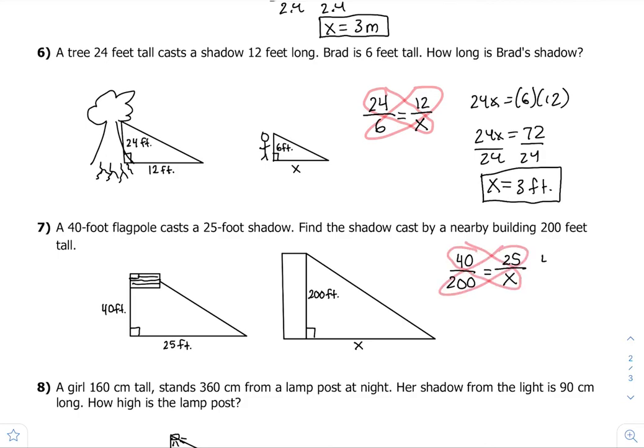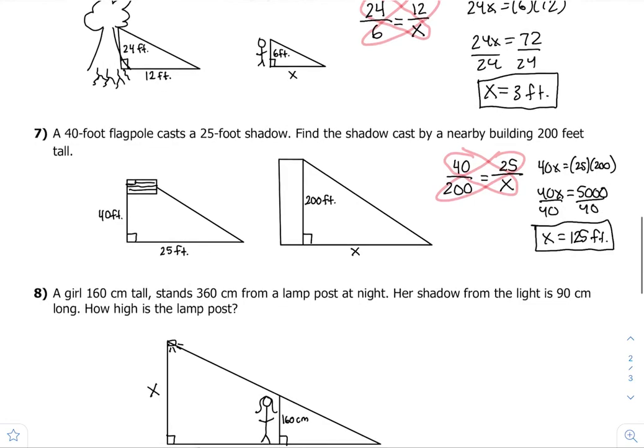So we're going to get 40x is equal to 25 times 200, which is 5,000. And divide both by 40. So the shadow of the building is 125 feet.